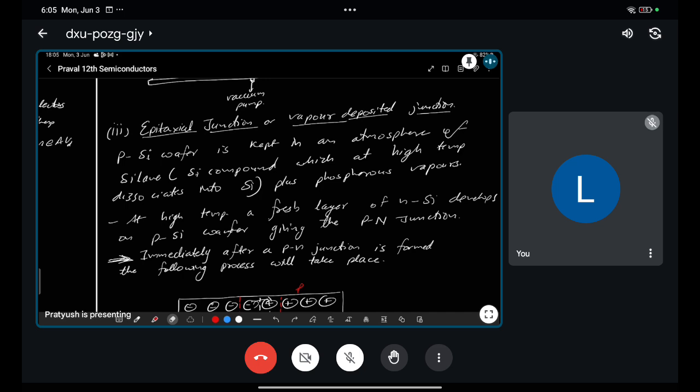At high temperature, the silicon will be deposited over this P-type silicon wafer. This is P-type, and the layer deposited will be N-type. So we get a PN junction now. This is how a PN junction is formed.